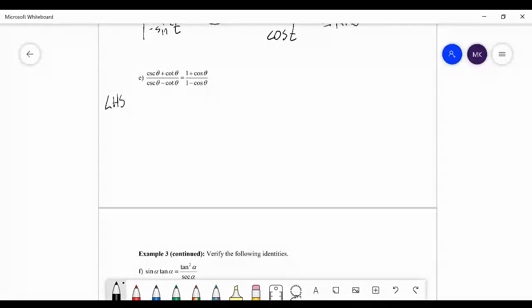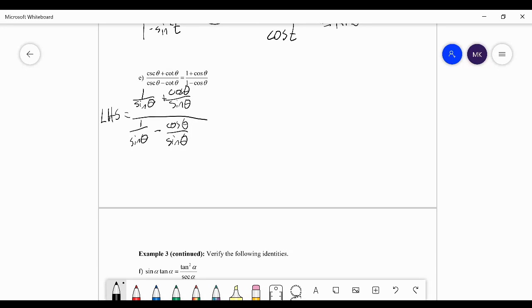So we'll take our left-hand side. And so cosecant is 1 over sine theta, plus cotangent is cosine theta over sine theta. And all of that, cosecant theta, that's just 1 over sine theta minus cotangent theta is just cosine theta over sine theta.